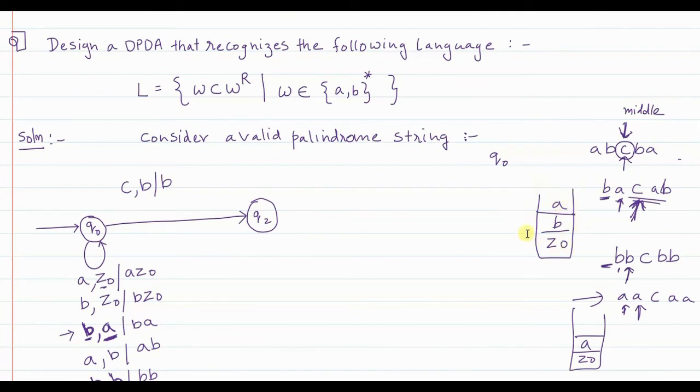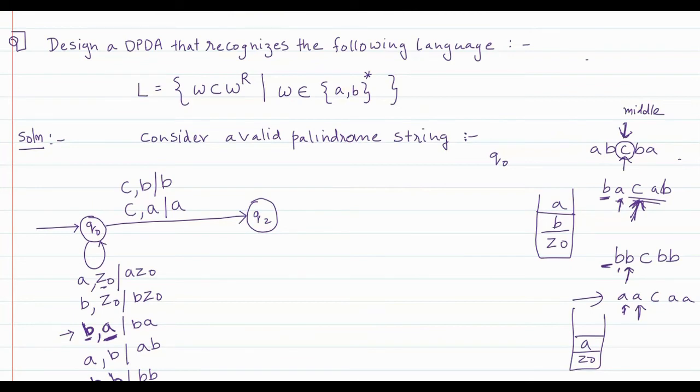You are going to perform no change operation on the stack. So A, which was the topmost element, A still remains the topmost, and you are just going to change the state. The same thing I am going to write. If C is encountered, and suppose A was the topmost element of the stack, then A still remains the topmost element of the stack, and you just go to the next state, that is Q2. Right? So these are two possibilities. Now there is a third possibility also. Okay, sometimes somebody can give you a wrong string.